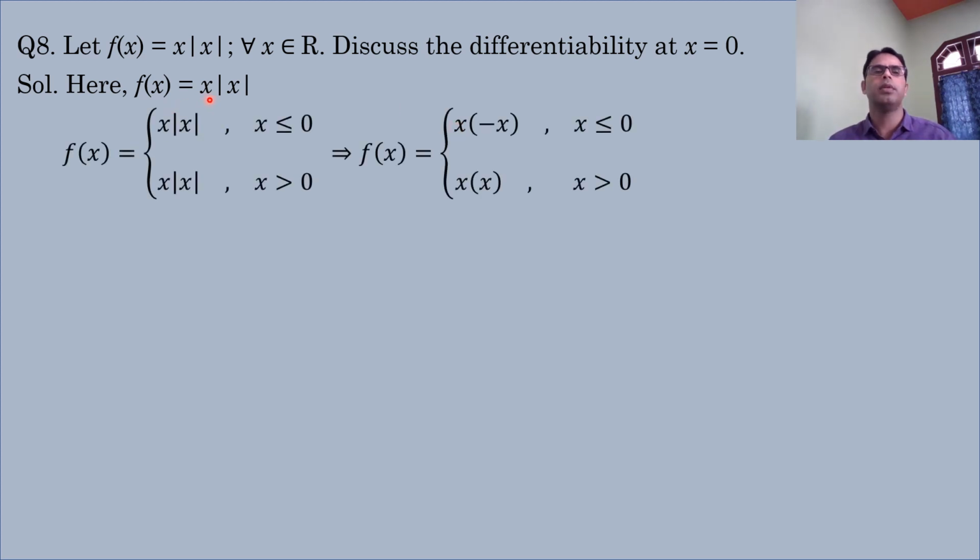So f(x) is equal to x mod x, and x belongs to R, mean x may be less than 0 and x may be greater than 0. I am taking the point 0. Why? Because this mod is only x. So if you consider this is equal to 0, then the value of x will be equal to 0. That means in the graph of the function there may be a possibility of a sharp point at the point x is equal to 0.